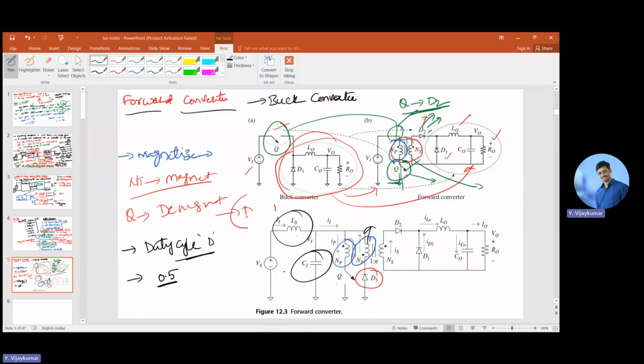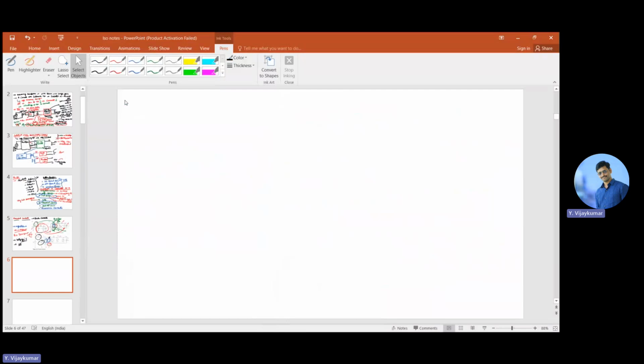Now, if you come to the operation here, there are three modes of operation. In the first mode, when the switch Q is on, how does the circuit work?